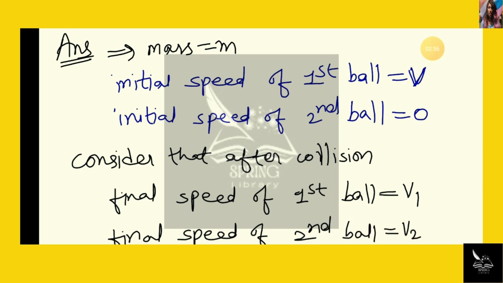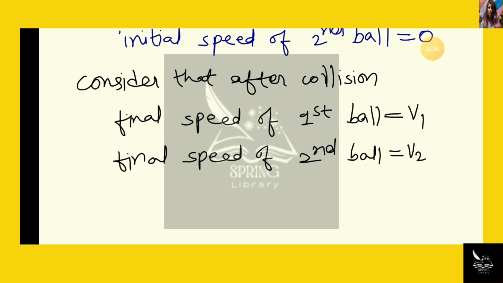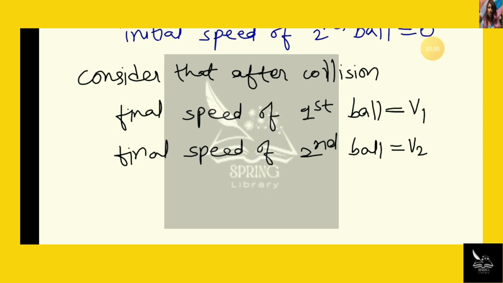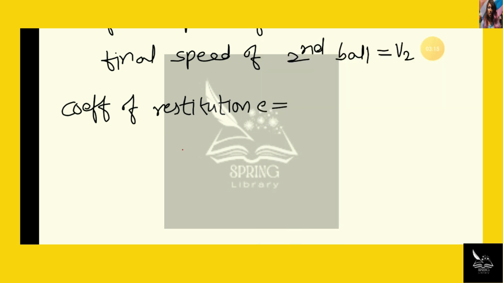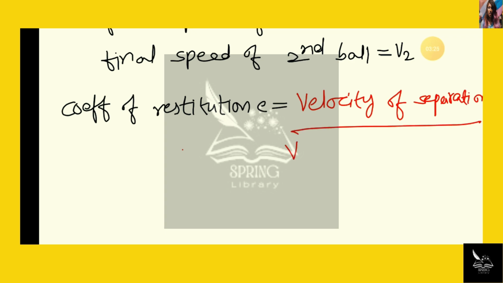So now after writing the speeds, I can say that the coefficient of restitution e will be written as, e is equal to velocity of separation divided by velocity of approach.